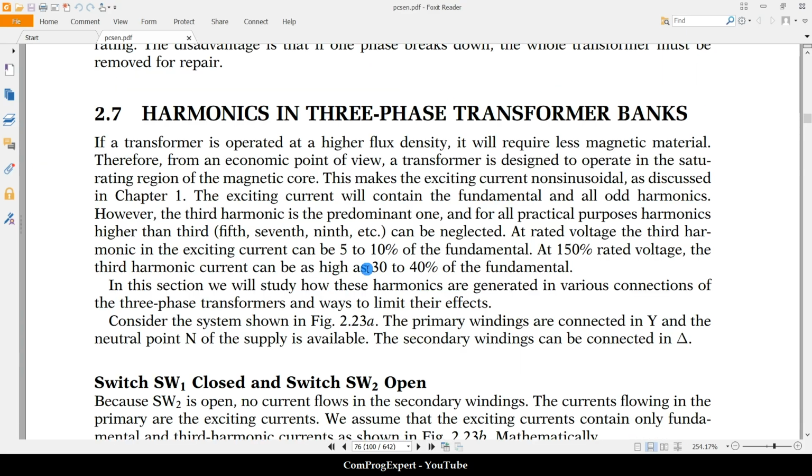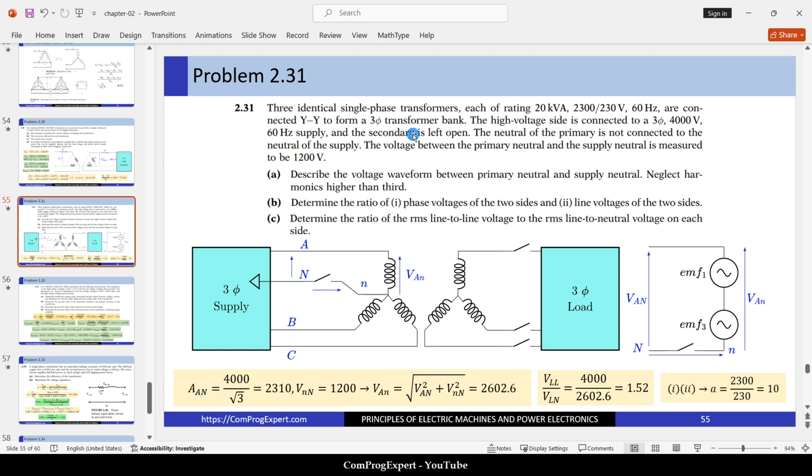Anyway, the next section that we have is harmonics in three-phase transformer banks. So let's check. This problem is about harmonics in three-phase transformer banks. Problem 31.